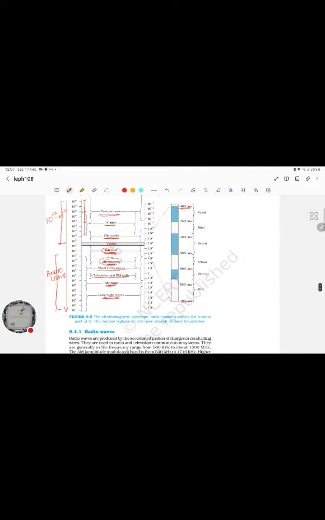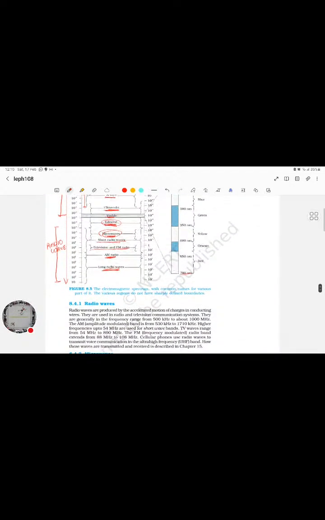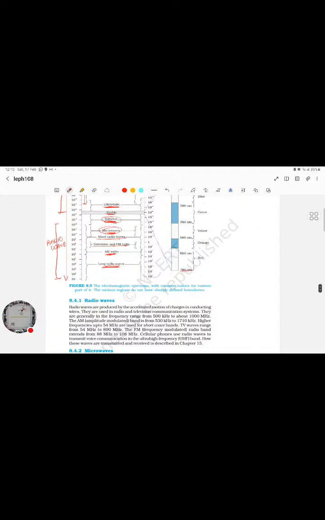Starting from gamma rays, X-rays, UV rays, visible light, infrared light, microwaves, and from there on all radio waves: short, television, FM, AM, and then long radio waves. I think this order makes certain sense.